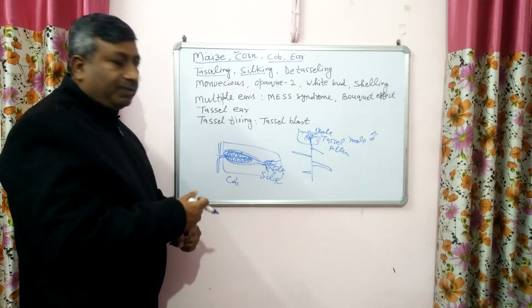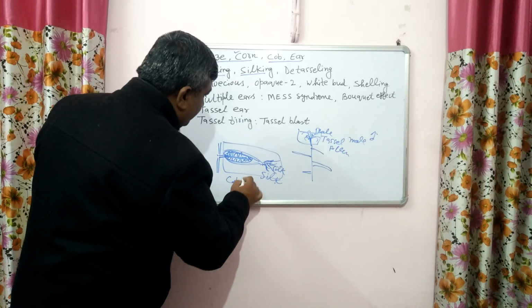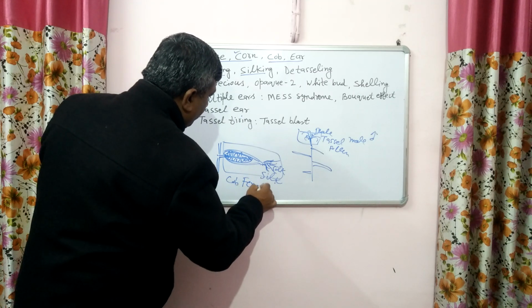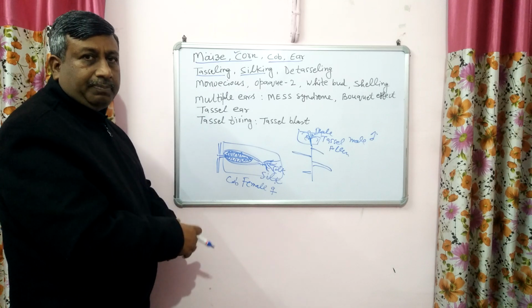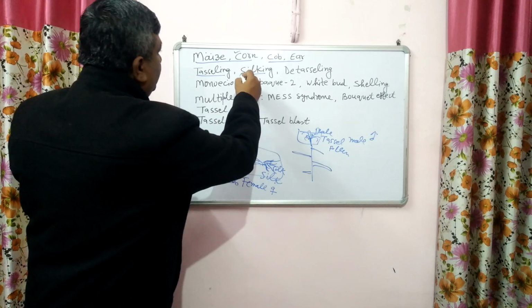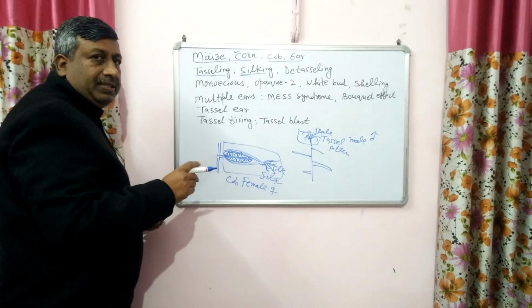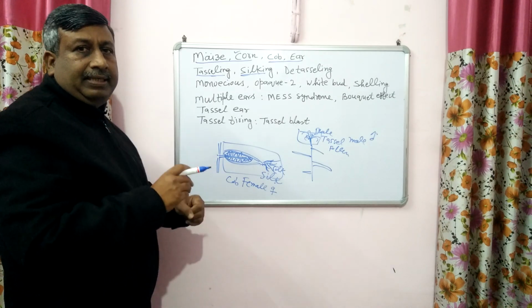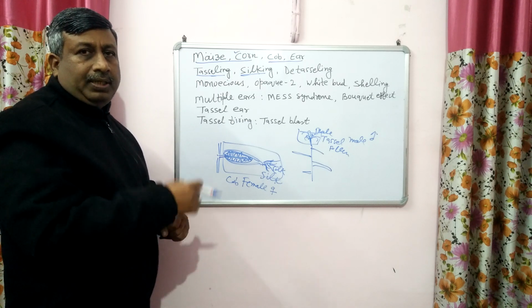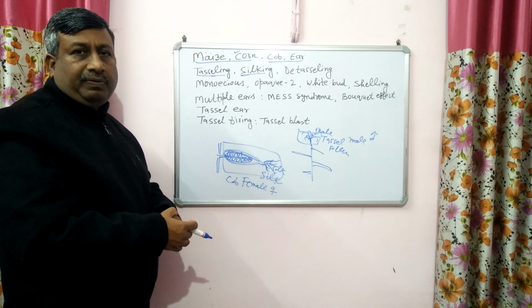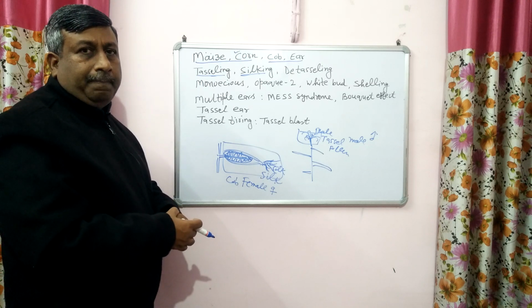This is the female reproductive part, and the emergence of this female reproductive part is known as silking. So this is the difference between tasseling and silking. Tasseling is emergence of the male reproductive part, and silking is emergence of the female reproductive part.